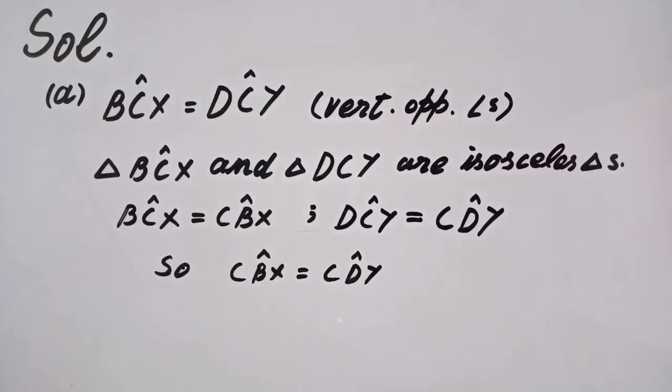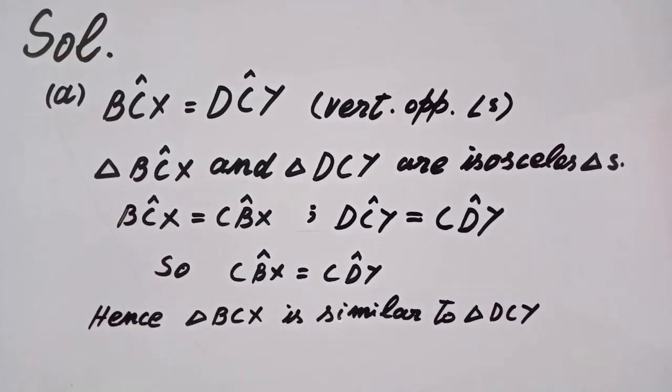So the angle CBX is equal to the angle CDY. Hence the triangle BCX is similar to the triangle DCY because the corresponding angles are equal in measurement.